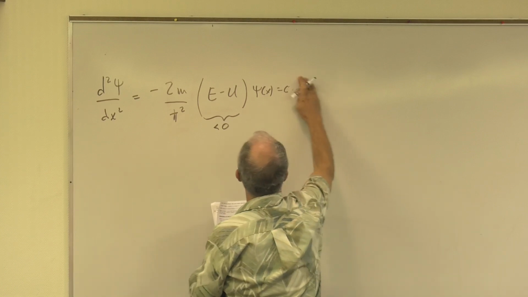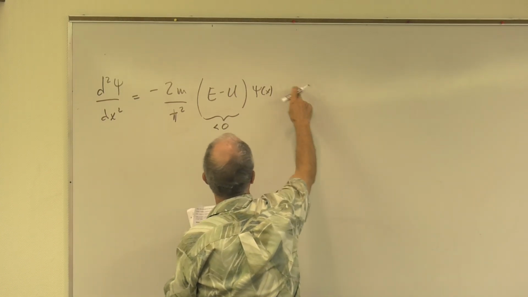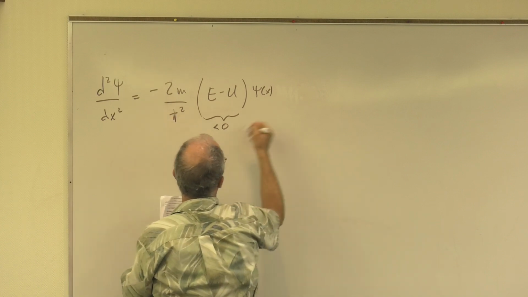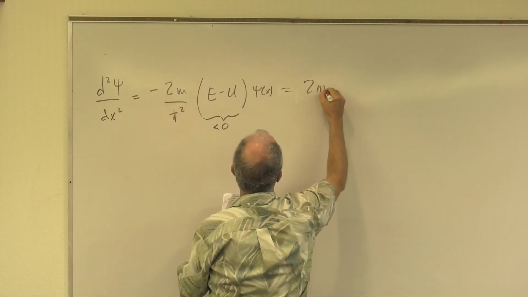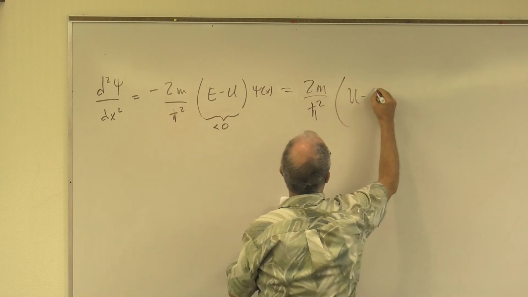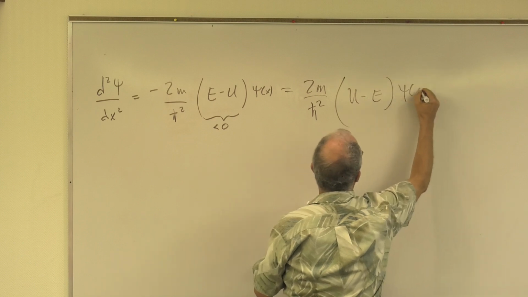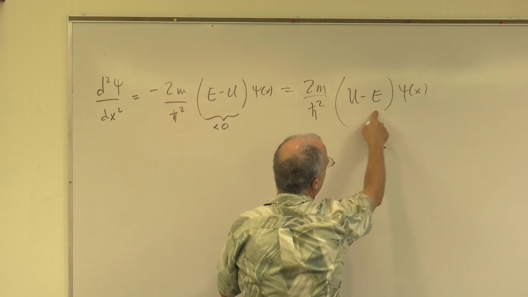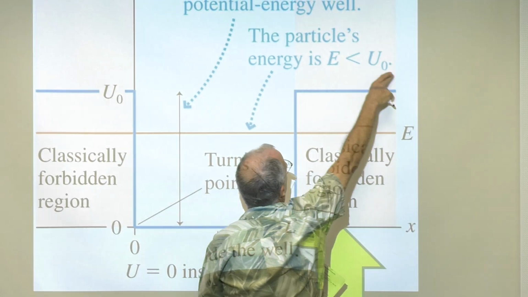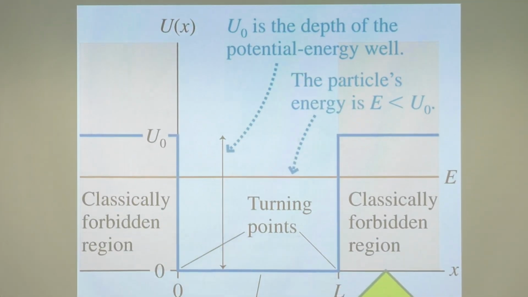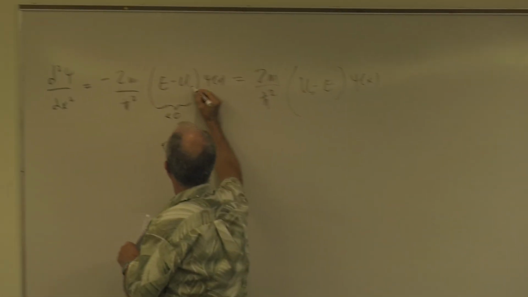So we're going to just say 2m over h bar squared times (U minus E) psi. Now, U minus E is positive. Let's put a little U0 to make it agree with that picture.